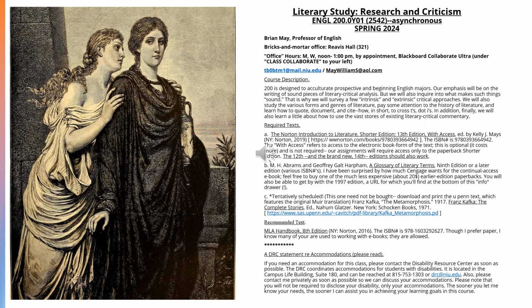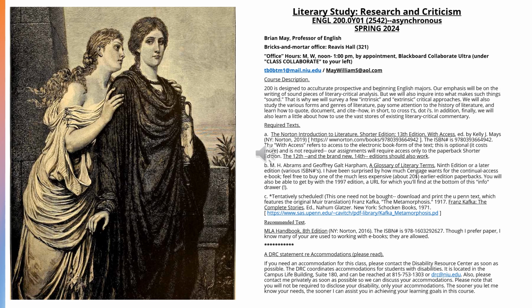Let's say you have a roommate or a friend or maybe even a member of your family who has a copy of the Norton Introduction to Literature, and it's the 12th edition, which precedes the 13th edition. That should also work, okay? But what you're going to want to do is make sure that I know when something in the book, especially for those of you who will have the 12th edition, if there's something that I've assigned from the 13th that you don't have access to.